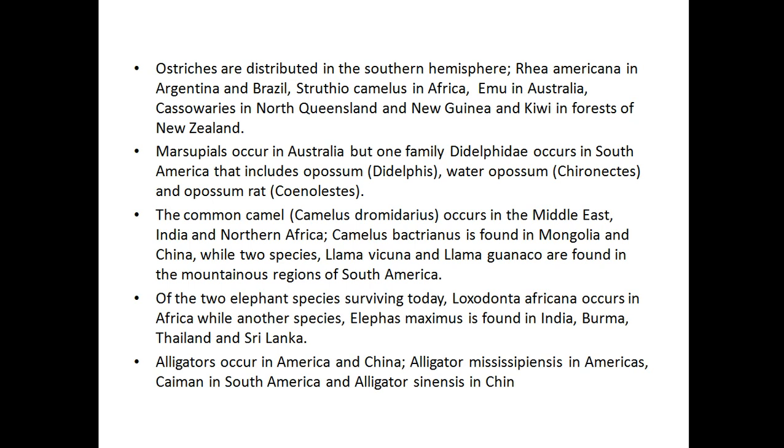To give some examples, the ostriches, the ratite birds, are distributed in the southern hemisphere: Rhea americana in Argentina and Brazil, Struthio, the ostrich, in Africa, emu in Australia, cassowaries in North Queensland and New Guinea.